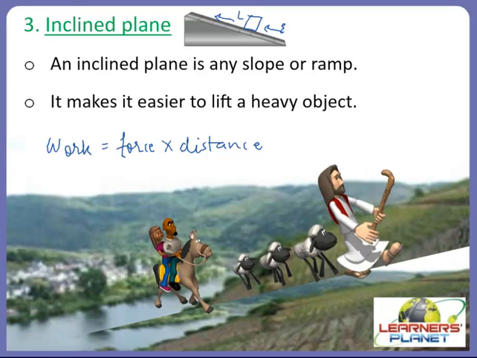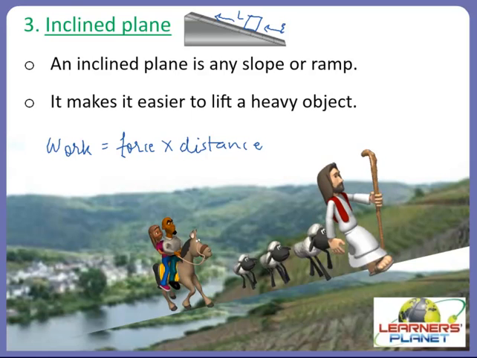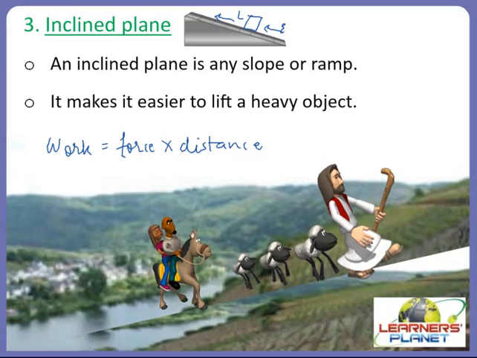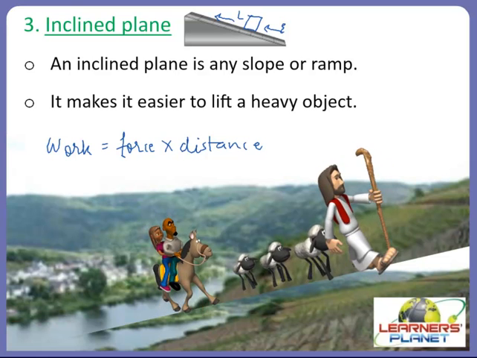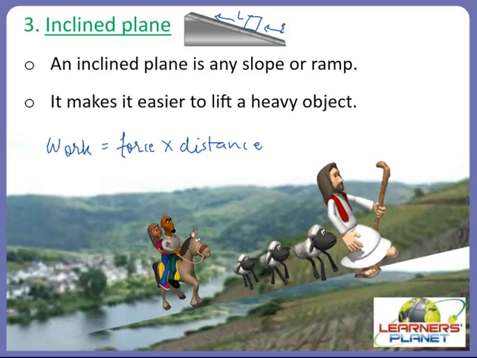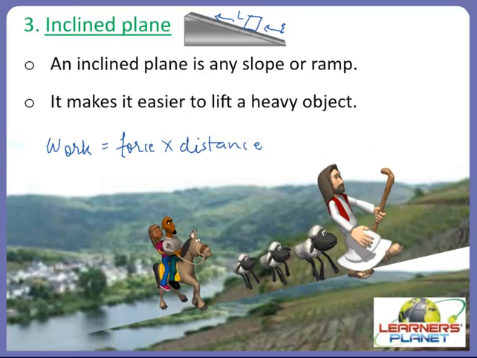So always remember this, that work is equal to force into distance. That means if we increase the distance the object will move, we can decrease the amount of force we need.